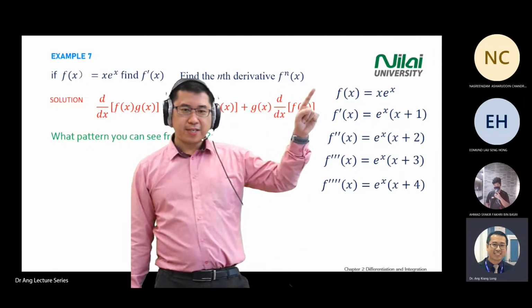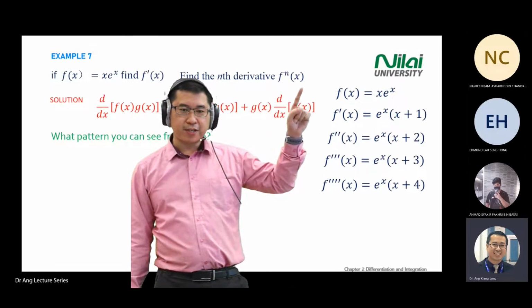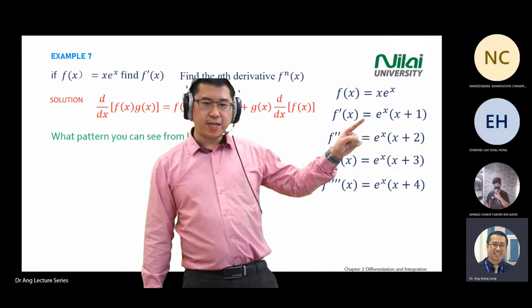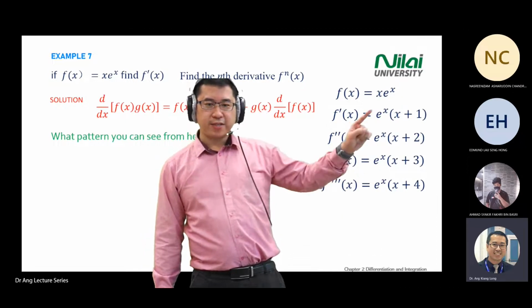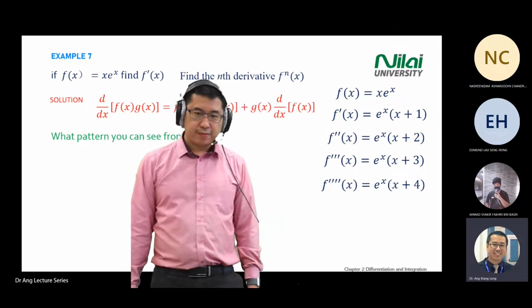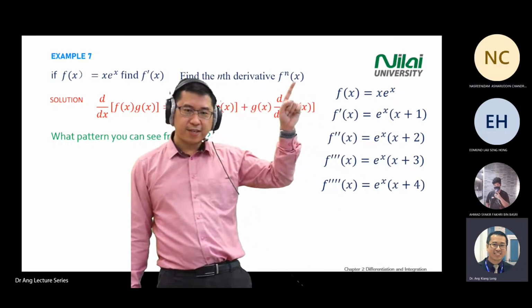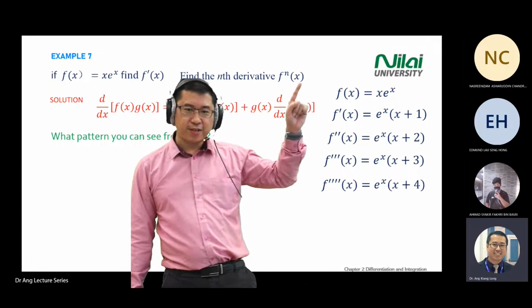F n power x, f n bracket x means the function, equal what? What is the n that is changing in here? Nizam, you want to try? What is the answer for this question?